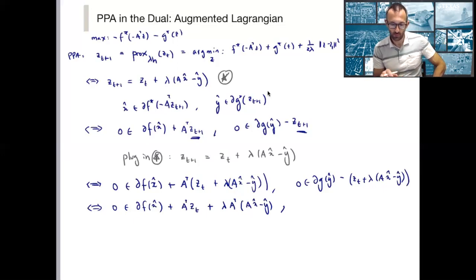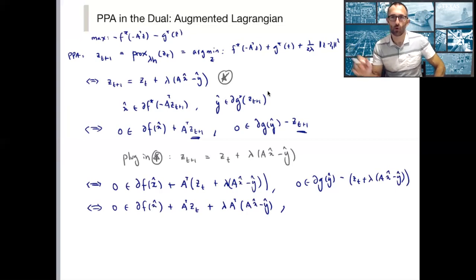We're pretty close. One thing we've become very used to is looking at these two terms. If we only had these two terms, ignoring the last for the time being, we know that's equivalent to x hat being an argmin of f(x) plus z transpose Ax.